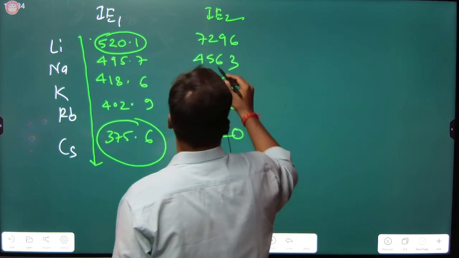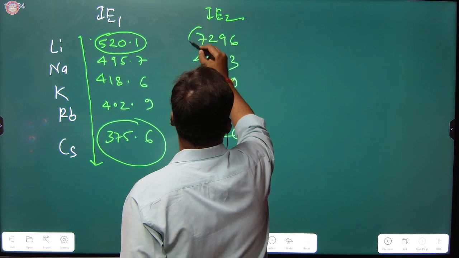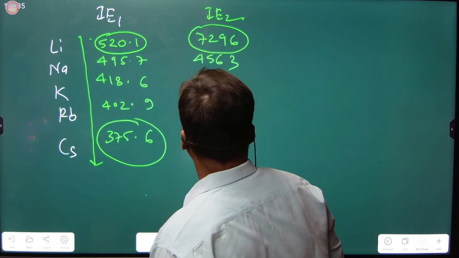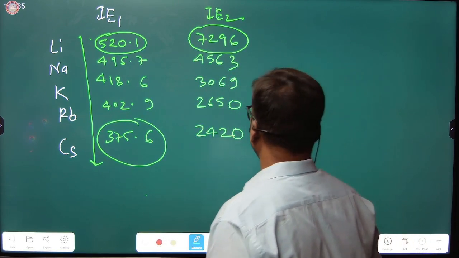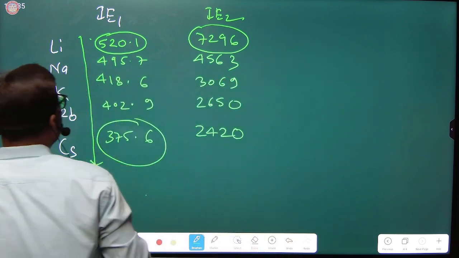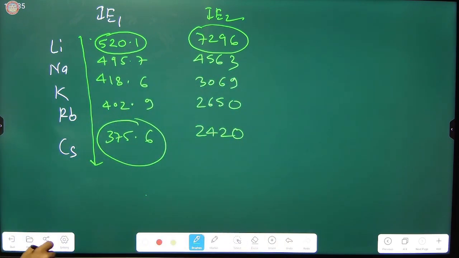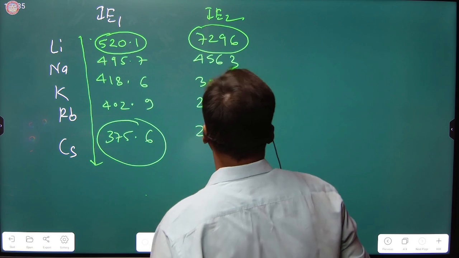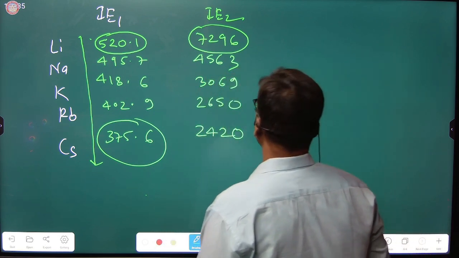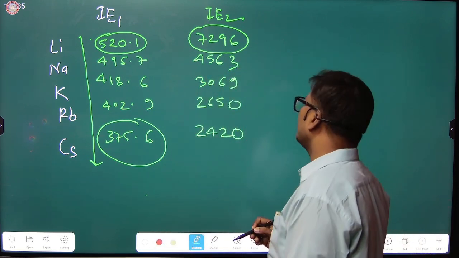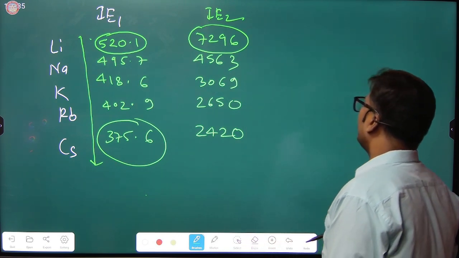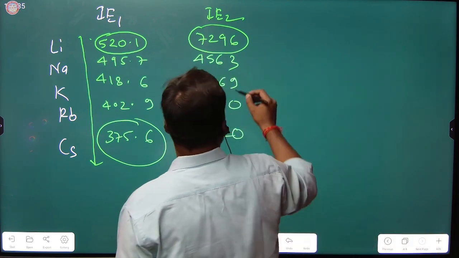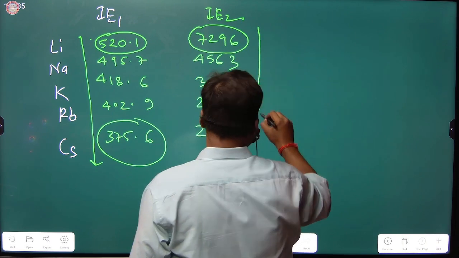It is 7,296 kilojoule per mole, which is much higher, since the electron is removed from the noble gas configuration. The second ionization energy is very high.